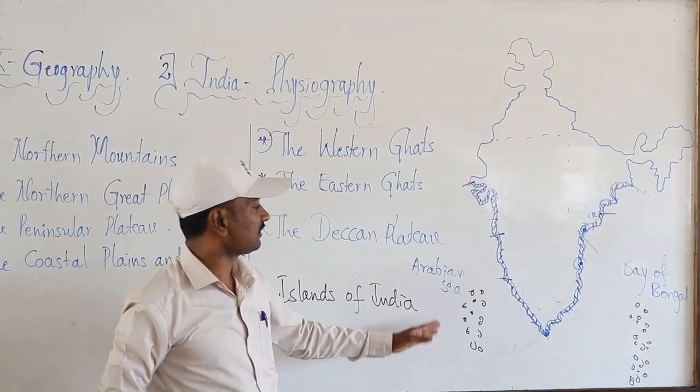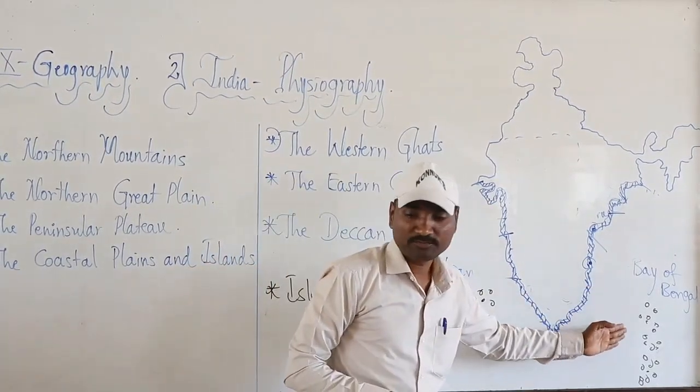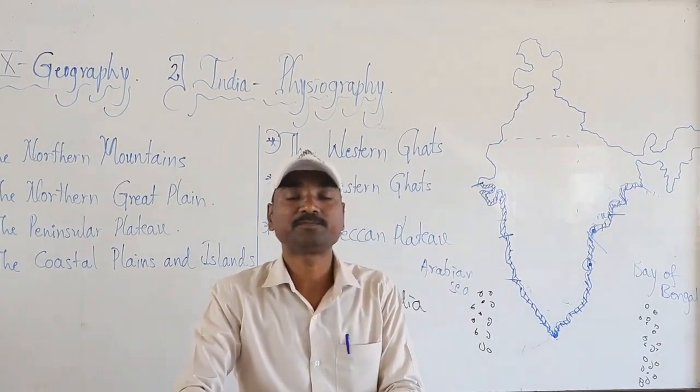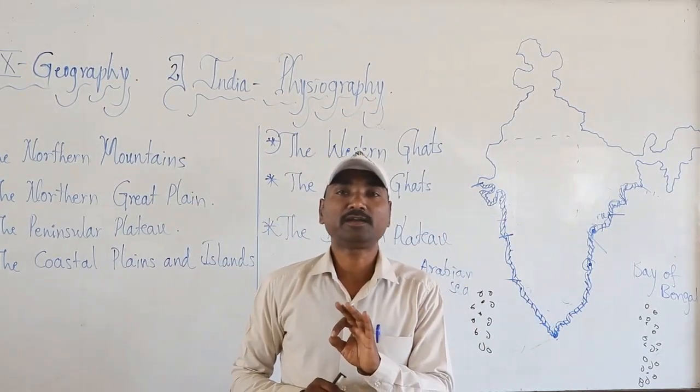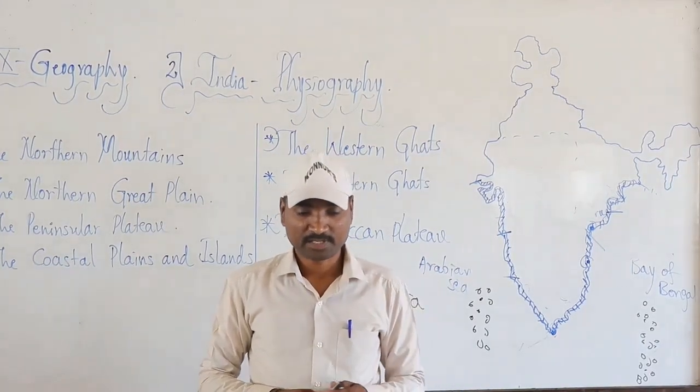Some islands are in the Arabian Sea and some islands are in the Bay of Bengal. Totally, there are 247 islands belonging to India.